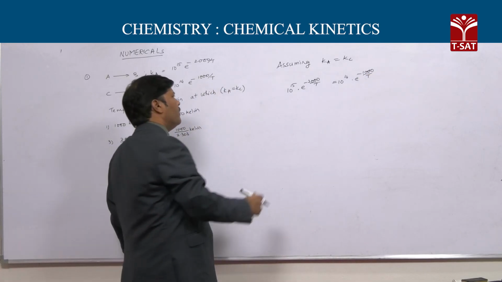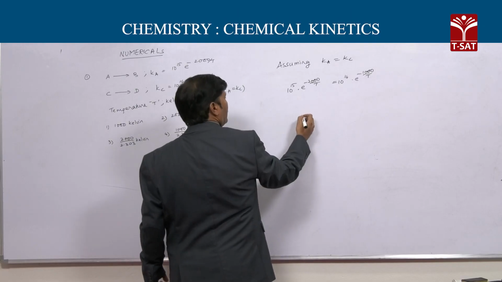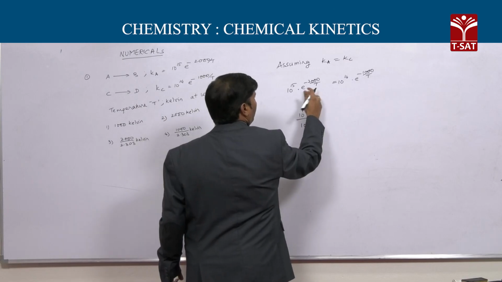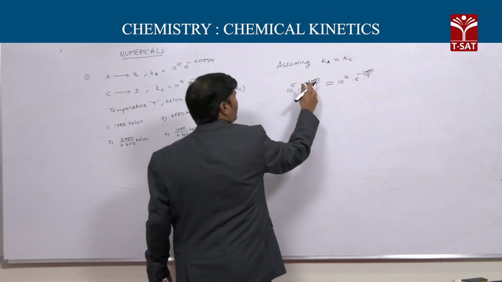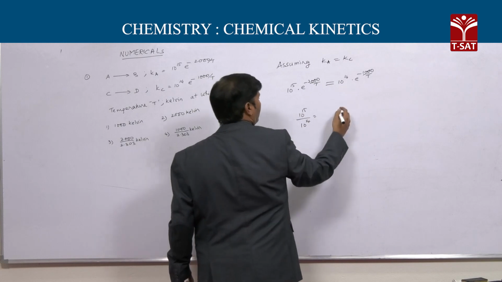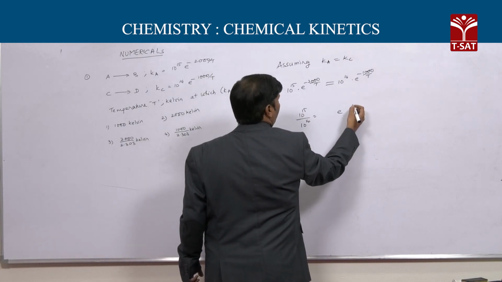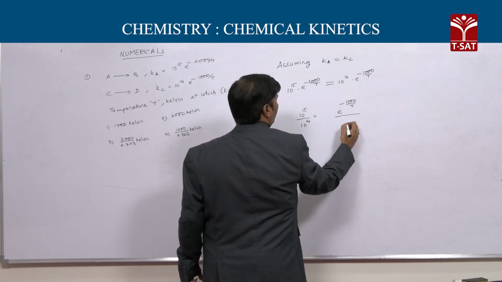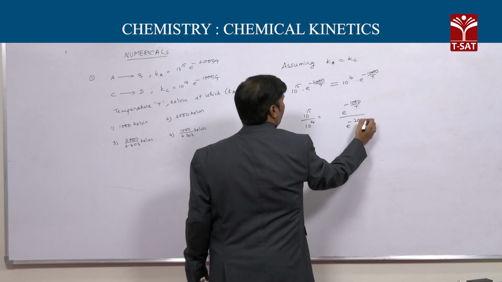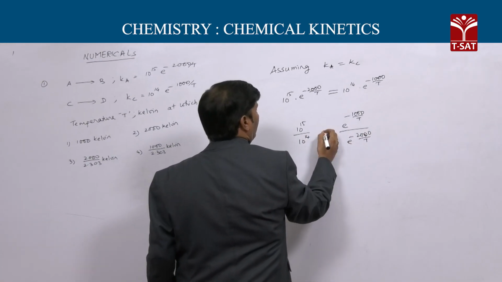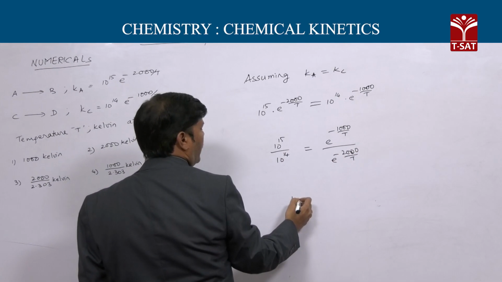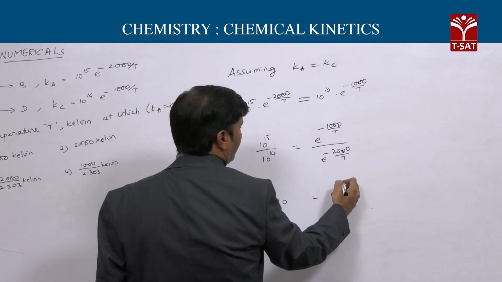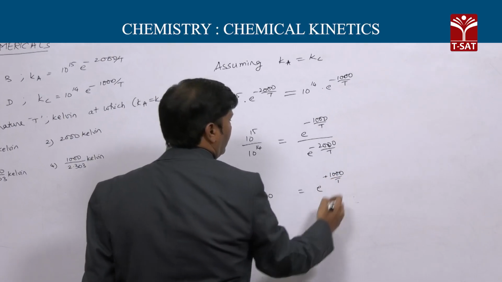If you bring the 10 to the power of 14 to the LHS, this is going to become 10 to the power of 15 divided by 10 to the power of 14, and you take the exponential of minus 2000 divided by temperature to the RHS, then this is going to become exponential of minus 1000 by T divided by exponential of minus 2000 divided by temperature. So this is going to become 10 to the power of 1, or simply 10, which is equal to exponential of plus 1000 divided by temperature T.